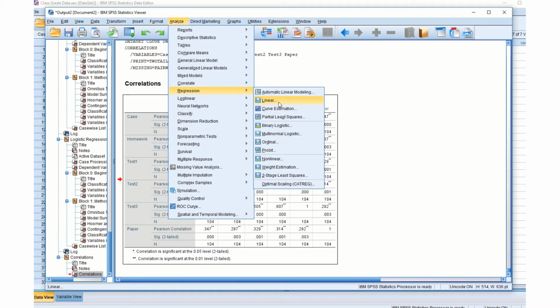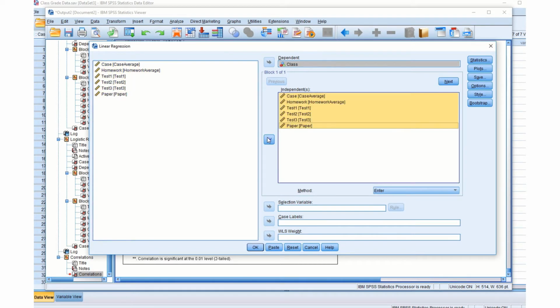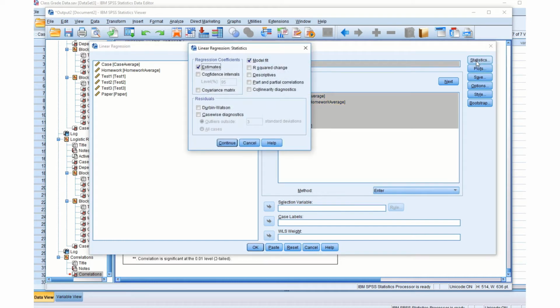Go to linear regression. And then we're going to put in our dependent variable. Now this is interesting because all we're doing is testing for multicollinearity. I know we're running a linear regression, but we're only using this tool to look at the multicollinearity if there is any. So with this here, we want to look at collinearity diagnostics.